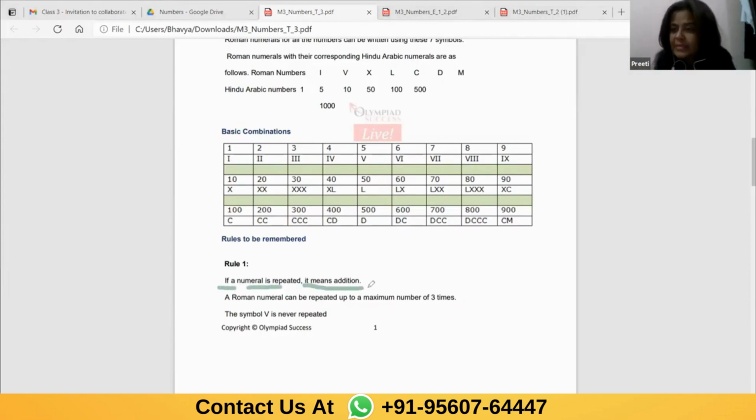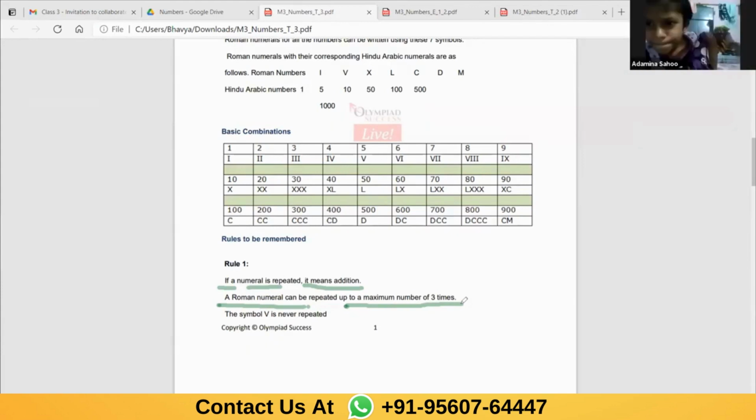The second statement is that a Roman numeral can be repeated up to a maximum of 3 times. I can repeat I maximum 3 times. I cannot say I is 4. I can't go beyond 3 times. So the minimum is 1, then comes 2 and the maximum is 3.